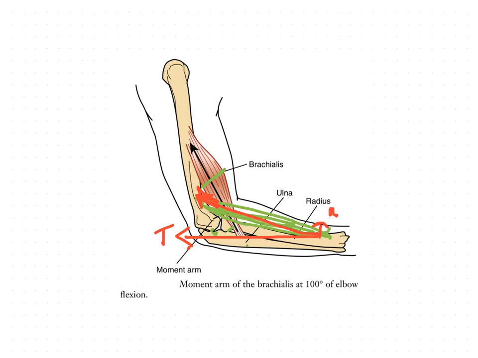When the elbow flexion is at 100 to 120 degrees, that means here like this, then if you see the muscle action, the brachioradialis will come like this here.